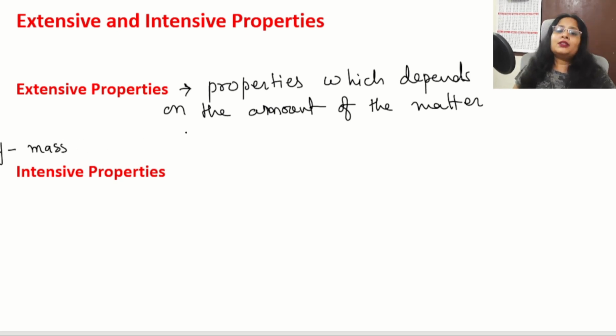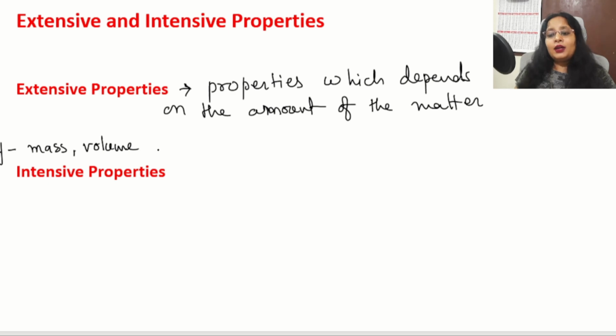If the amount is more, mass will be more. If the amount is less, mass will be less. We are talking about the same sample.